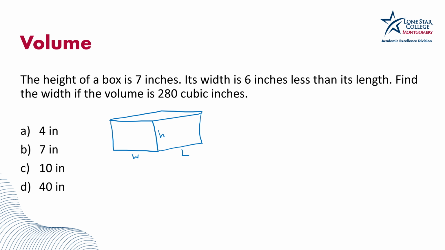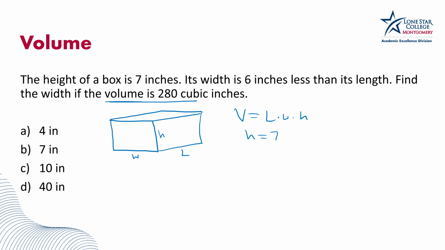Now, because the question says find the width if the volume is 280, that's the formula we want to work with. The volume of a box is length times width times height. Now, we're given the height is just 7 inches. But we actually don't know the width.